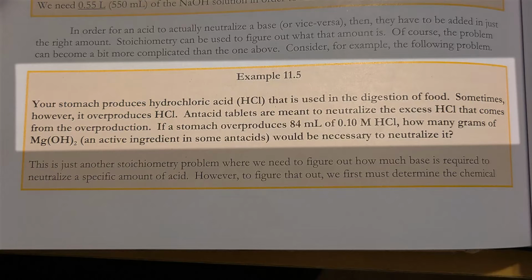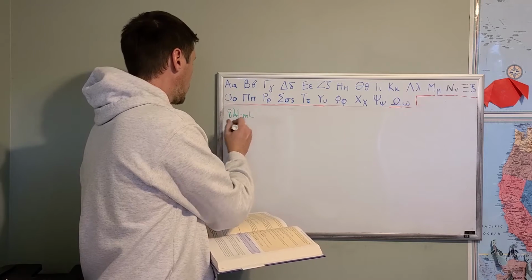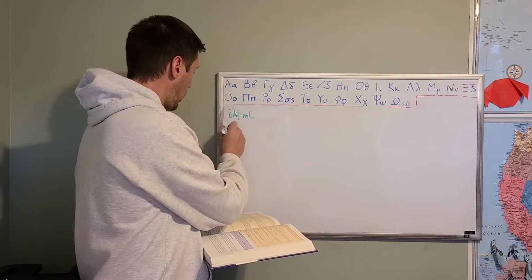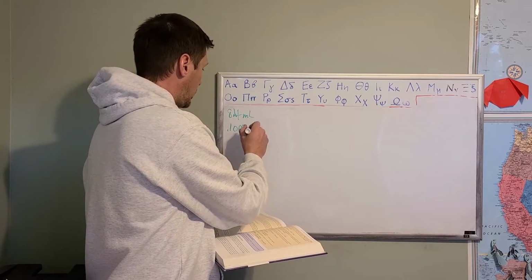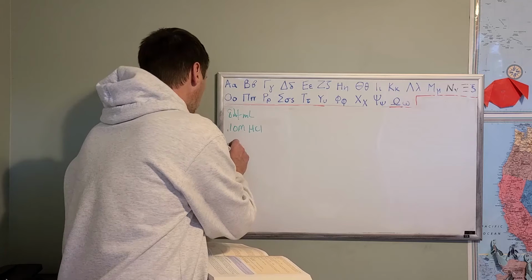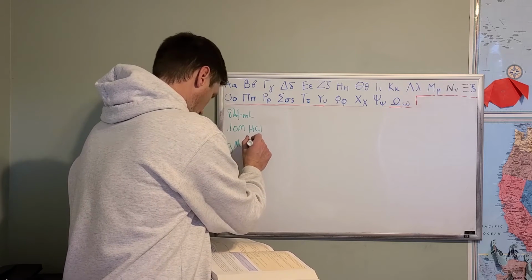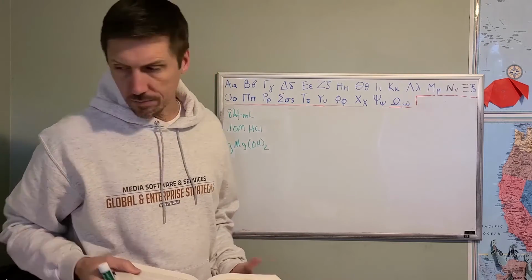So if a stomach overproduces 84 milliliters of a 0.10 molarity HCl solution, how many grams of Mg(OH)2, which is an active ingredient in some antacids, would be necessary to neutralize it? So we're looking for grams of magnesium hydroxide, Mg(OH)2.